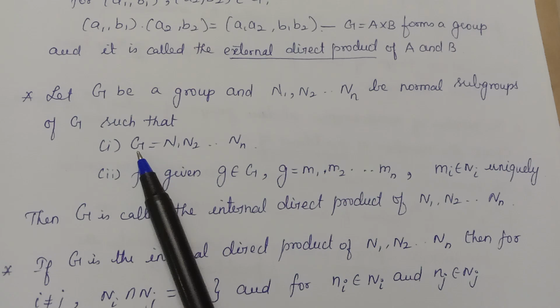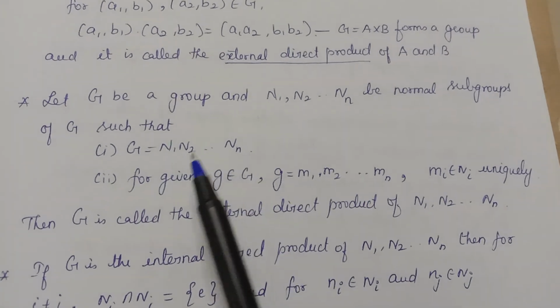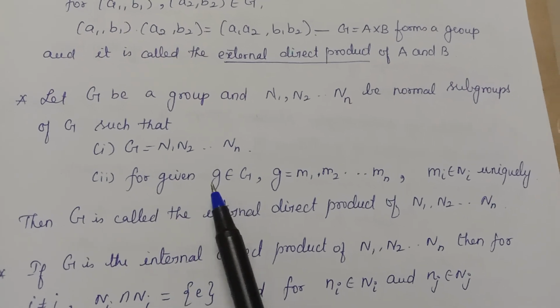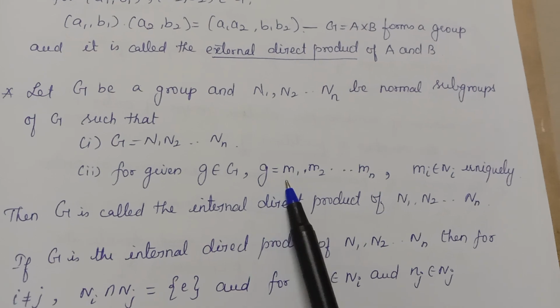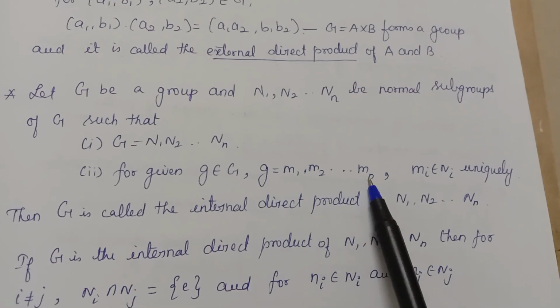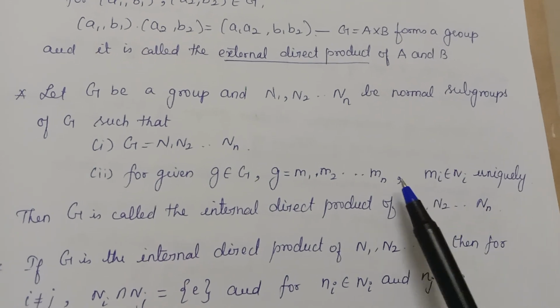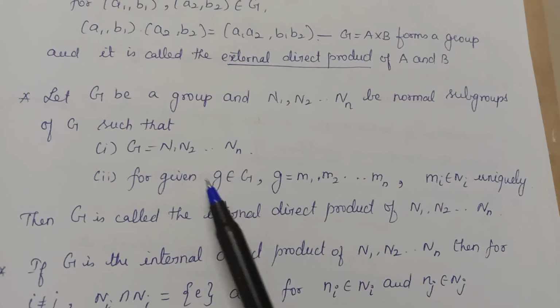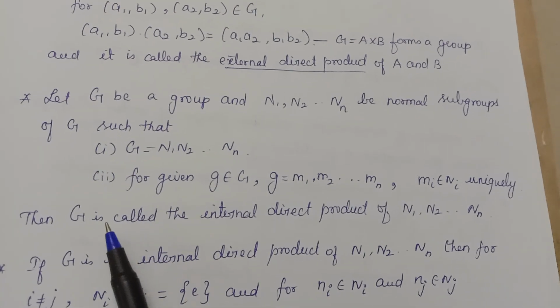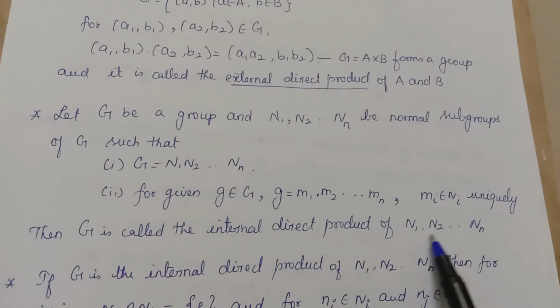G can be written as the product N1 N2 up to Nn, and every element of G can be uniquely written as g equal to m1 m2 m3 etc. mn, where each mi belongs to Ni. Again, with respect to this operation G forms a group, and this G is called the internal direct product of N1, N2, N3, etc., up to Nn.